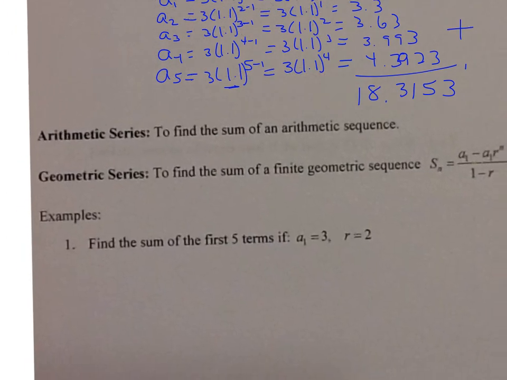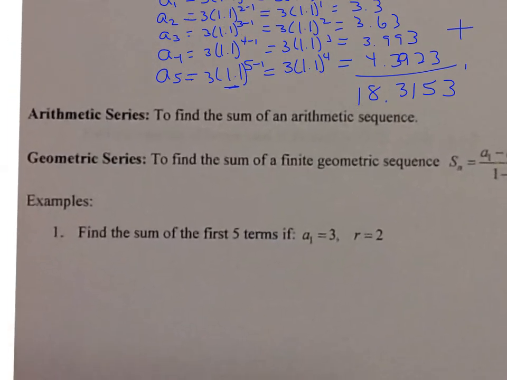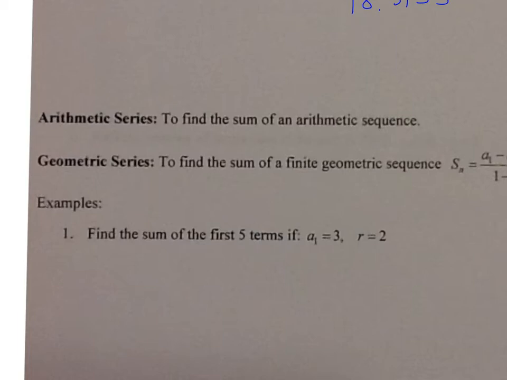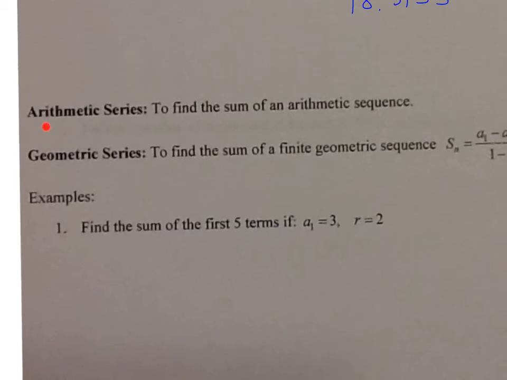All right, so let's see what it says down here. Okay, so it says the arithmetic series, to find the sum of an arithmetic series. Now, this formula is not on the formula sheet.